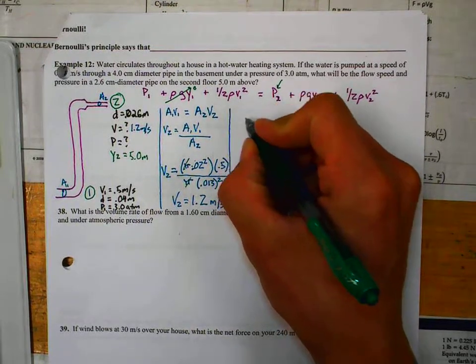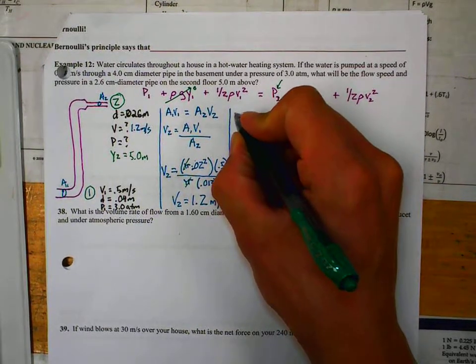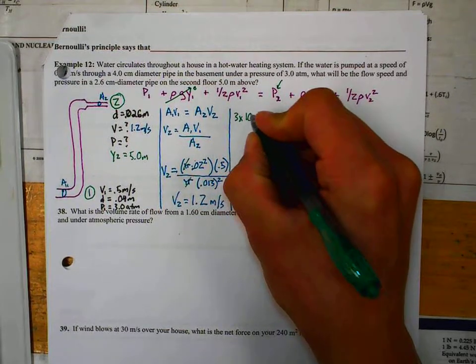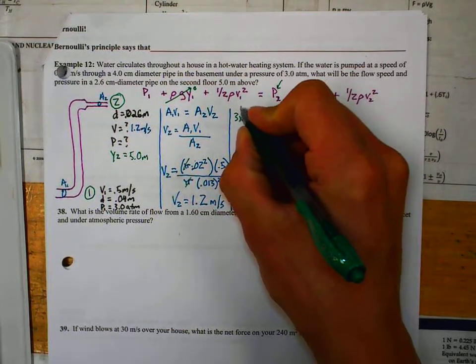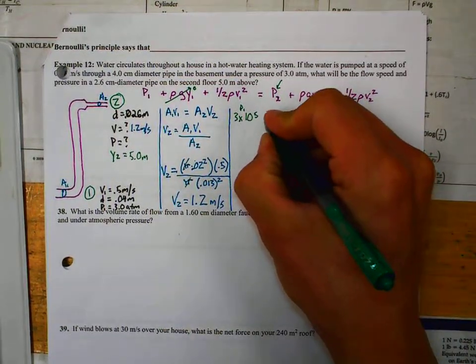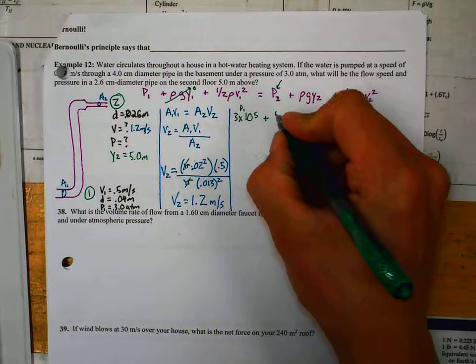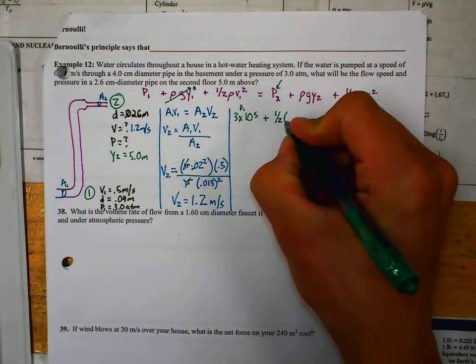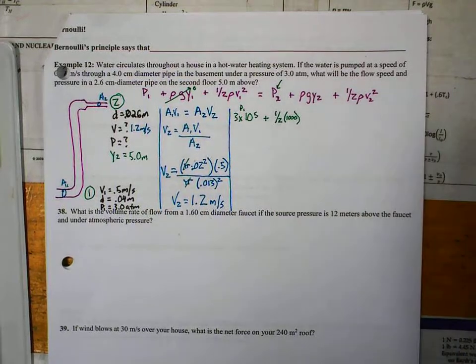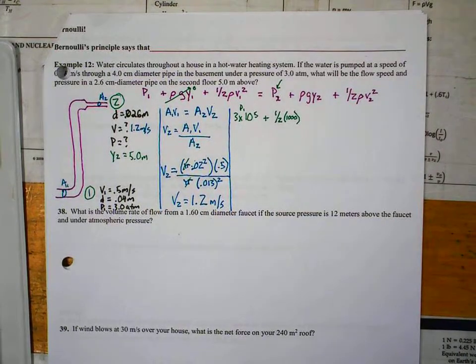Pressure 1, 3 atmospheres is 3 times 10 to the 5th in pascals. Okay, this is P1. That term zeroed out, so I'm going to add that to 1/2 of 1,000 times V1 squared.